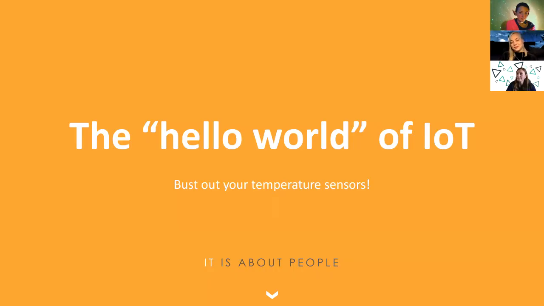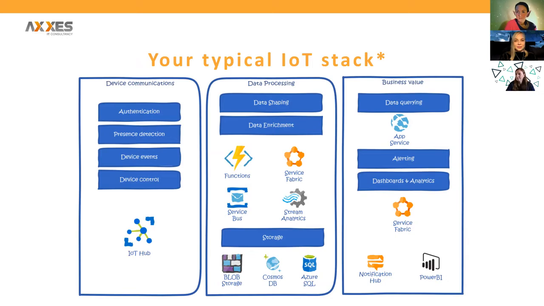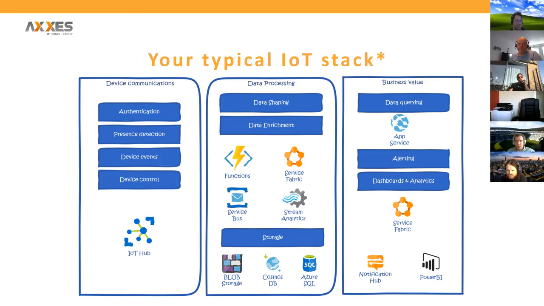Let me first tell you about what your typical IoT stack looks like. Now, if you're building a huge IoT system, you're gonna need three big parts to it. And the first is all the communication that talks to your devices. So your devices are going to talk to your backend in some way, and you'll need a couple of things to be able to do that.